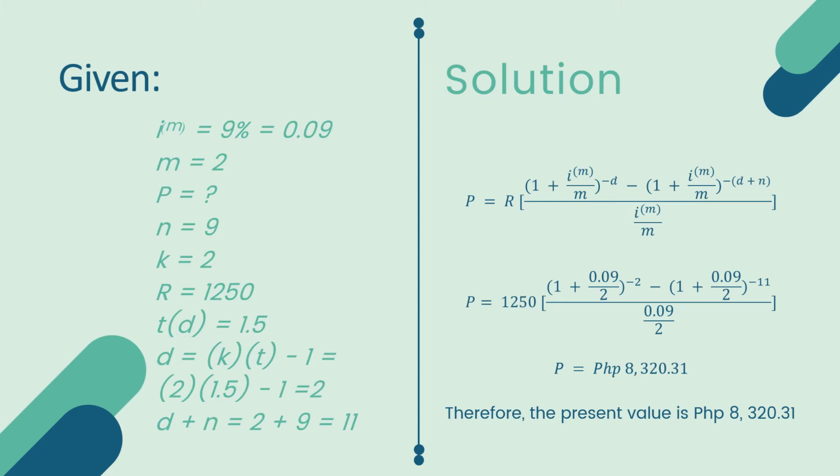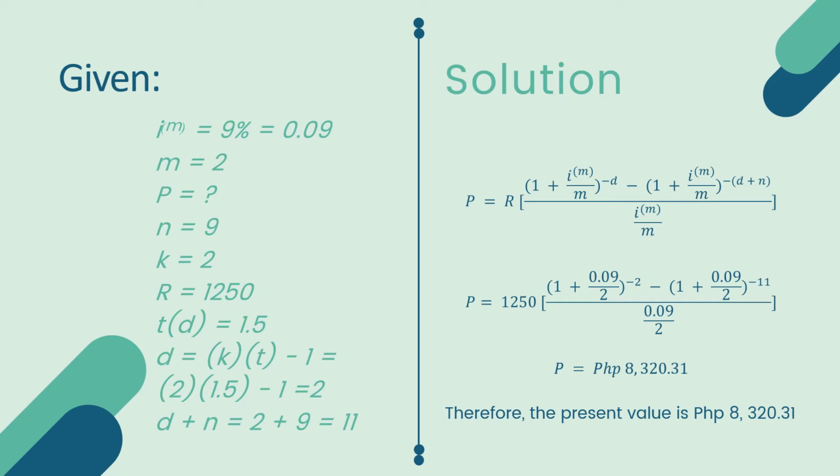So our I raised to M is 9% or 0.09, M is 2, and then we need to find the value of P, and N is 9, K is 2, R is 1,250, T, which is our time, is 1.5 years or 1.5. D is K times T minus 1, which is 2 times 1.5 minus 1, equal to 2.